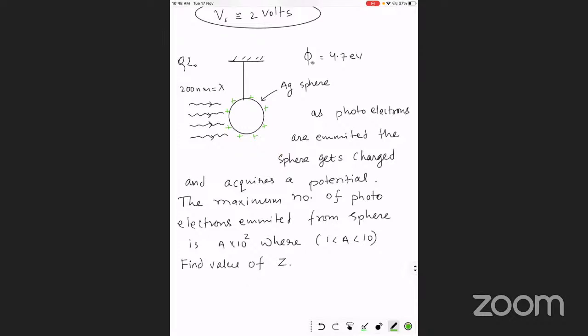So after some time, the sphere will get 1.5 volt positively charged. So when the sphere gets 1.5 volt, the fastest moving electron cannot escape from the sphere. Am I right? See, the sphere is getting positively charged slowly.